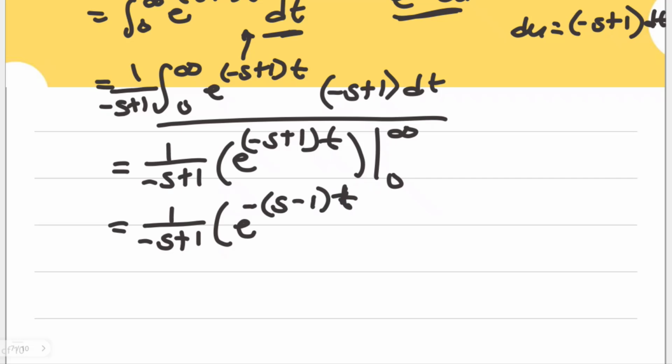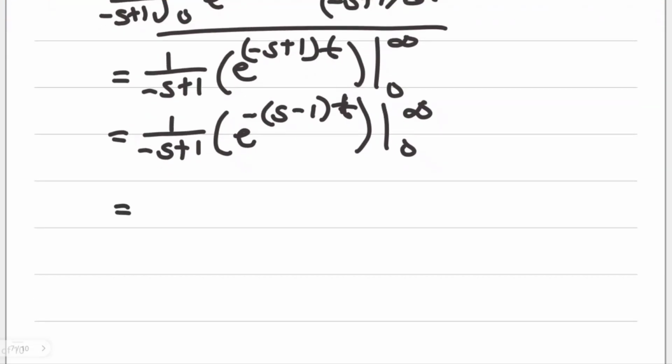We're doing this so that we can apply the law of negative exponent, stating here that your entire exponent is negative. So we can do this next step, 1 over negative s plus 1.